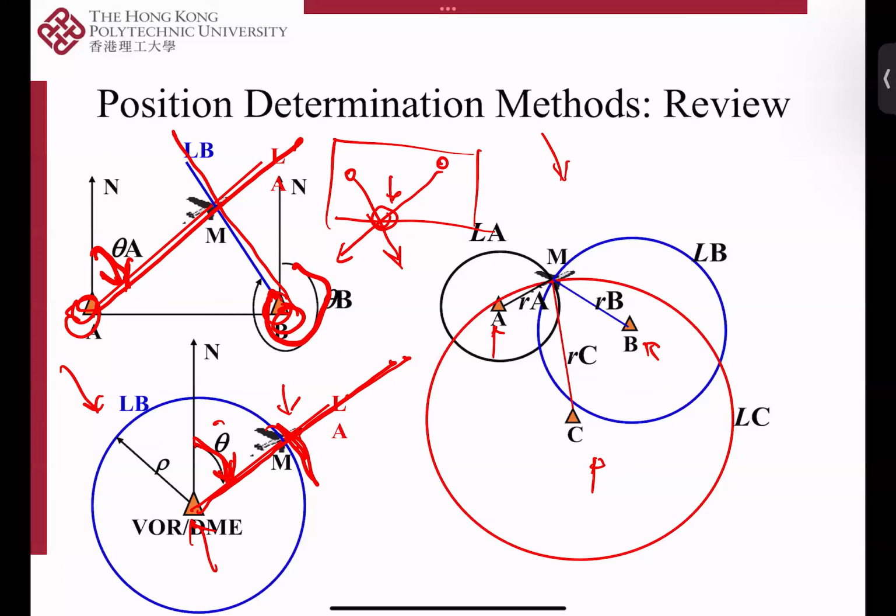If you already have that, based on the satellite's location, you can draw a circle, and you know your location should be on this circle. And by another satellite, you can draw another circle like this. And by the third satellite, you can draw the third circle. So these 3 circles will intersect with each other, and the intersection should be our user's location. So that's a very straightforward idea. That's the basic approach.